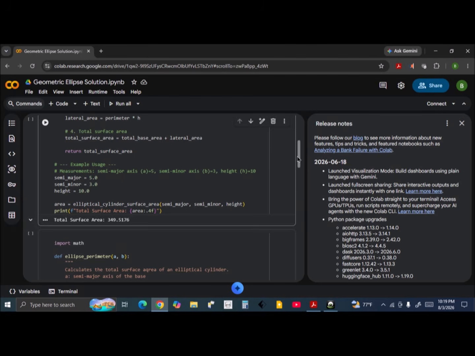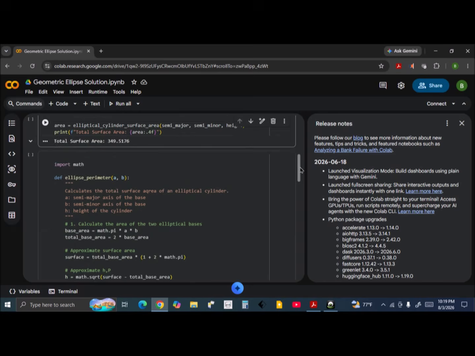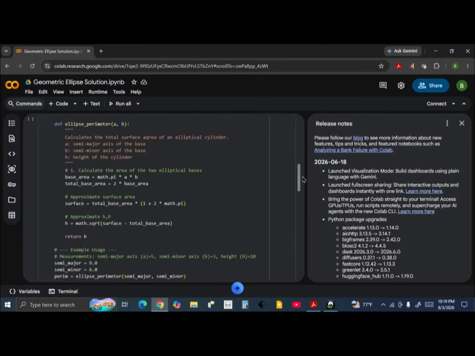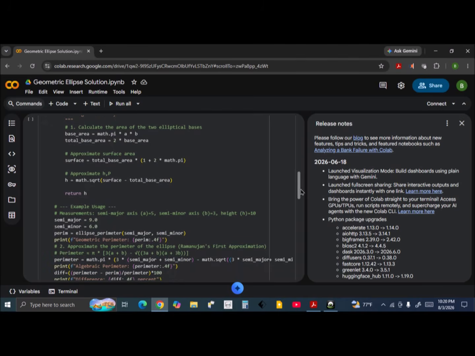So now I modified that to give me the perimeter of the ellipse. I calculate the area of the two elliptical bases as previously done, pi AB, multiplied by 2 to get the top and the bottom, then the lateral surface. I approximate the surface area with my formula that I had found.